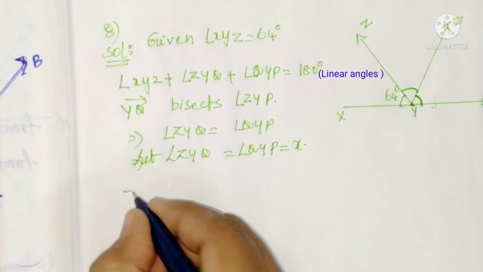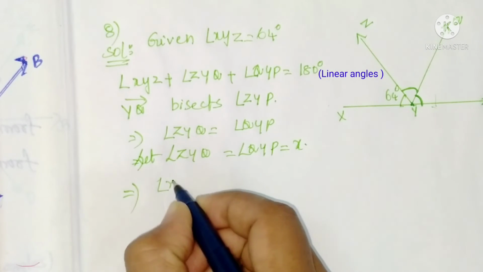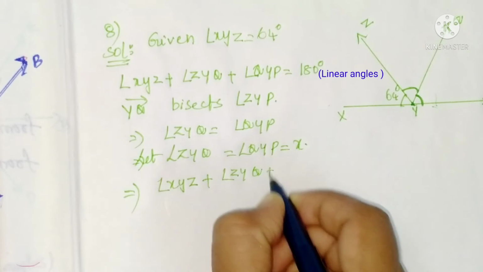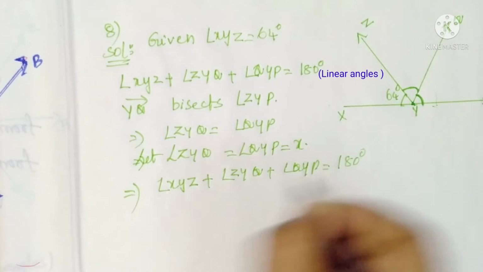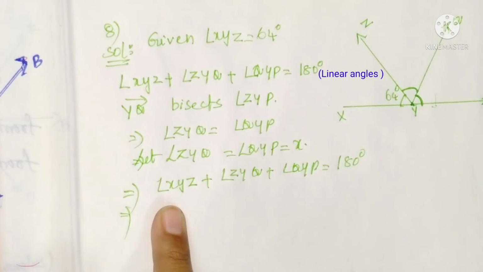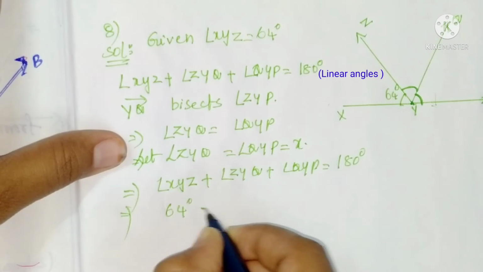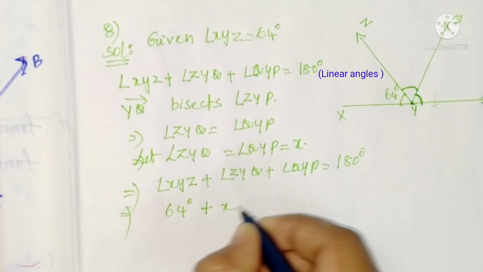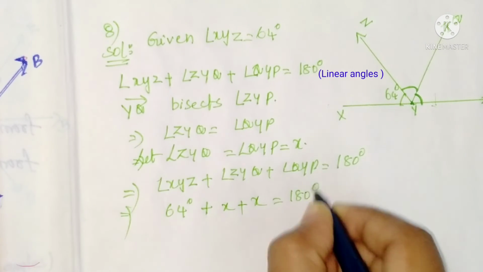So we'll write the statement again: angle XYZ plus angle ZYQ plus angle QYP equals 180 degrees. Angle XYZ is 64, so 64 plus X plus X is equal to 180.